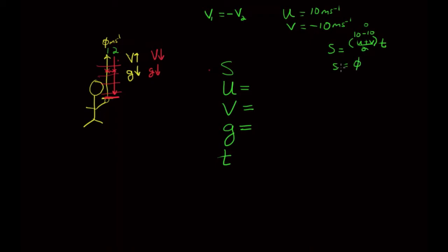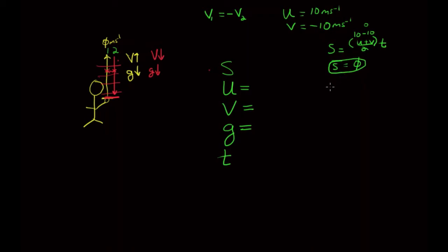This is actually correct. To be honest with you, the displacement was 0. It left your hand and came back to your hand at the same point, right? So your overall displacement is 0, but that's not very useful.